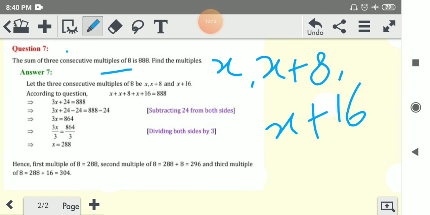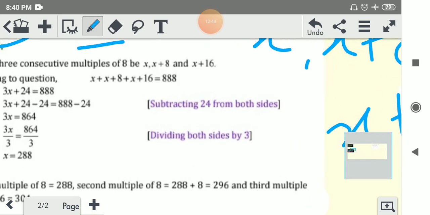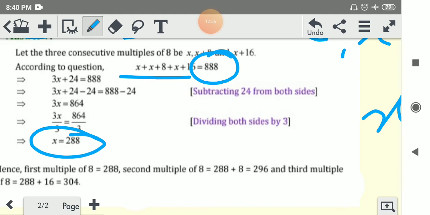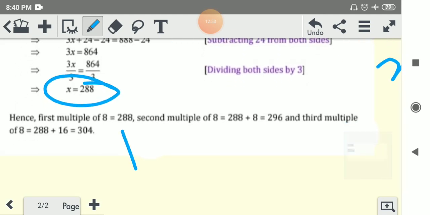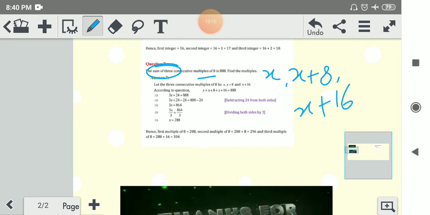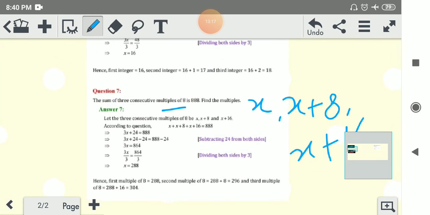Taking the sum, x plus x plus 8 plus x plus 16 is equal to 888. Solve for x, we easily get x is equal to 288. Now the first number is 288, the second number is obtained by adding 8, so 296, and the third by adding 16, so we get 304. These are the integers which are multiples of 8.